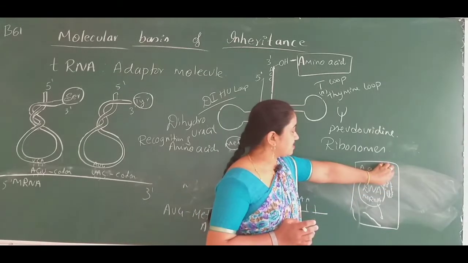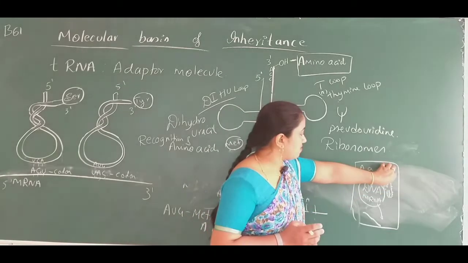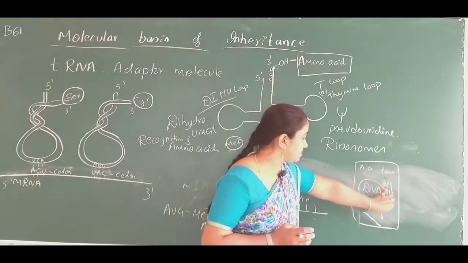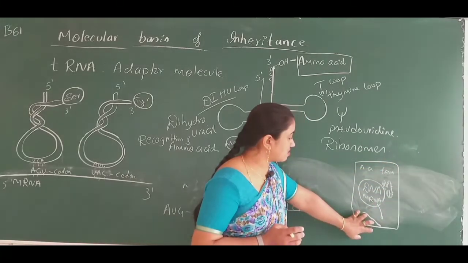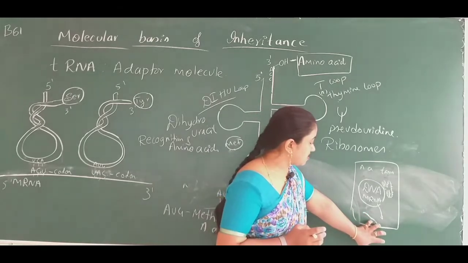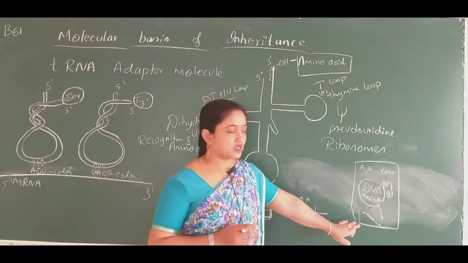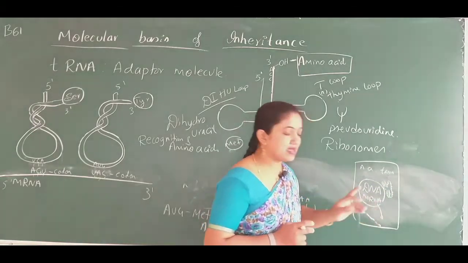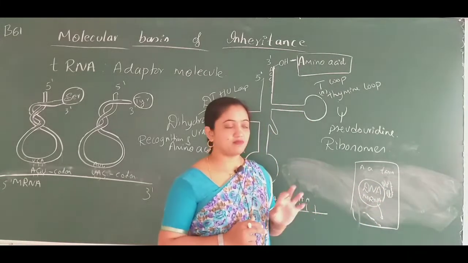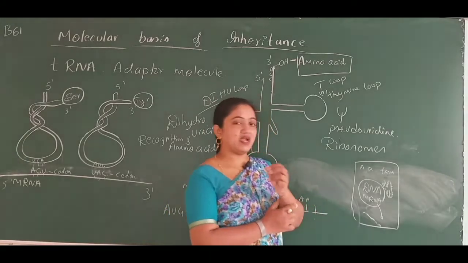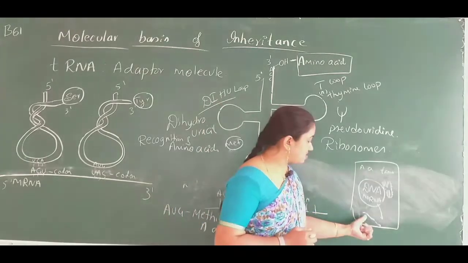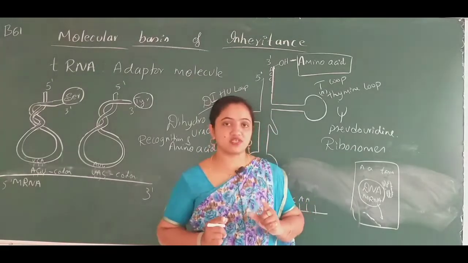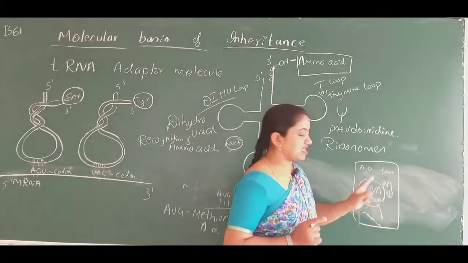That tRNA has to come near the mRNA. Before that, for the initiation and elongation process, we need the ribosomes.